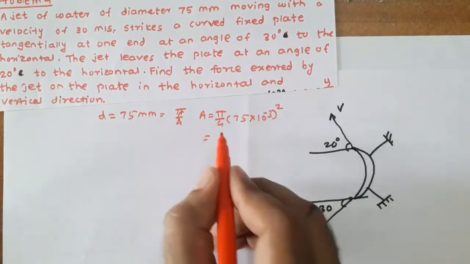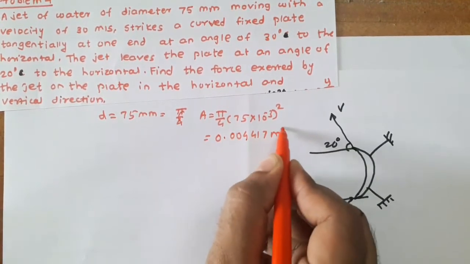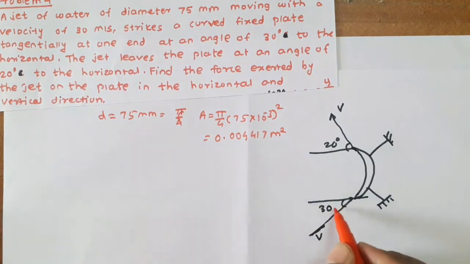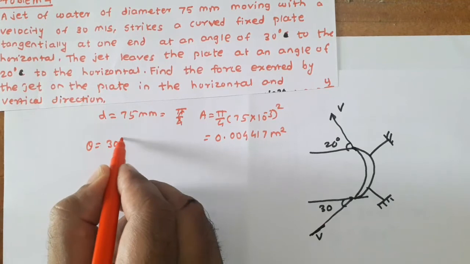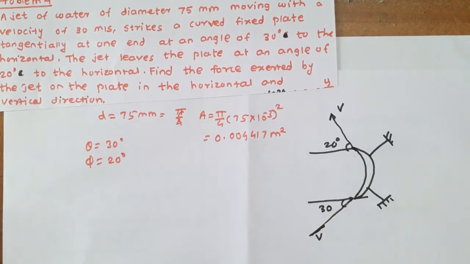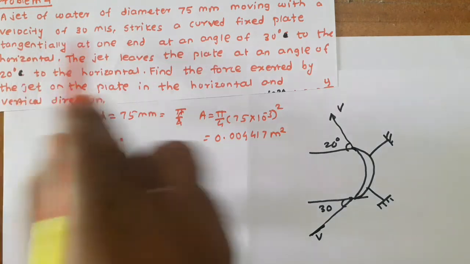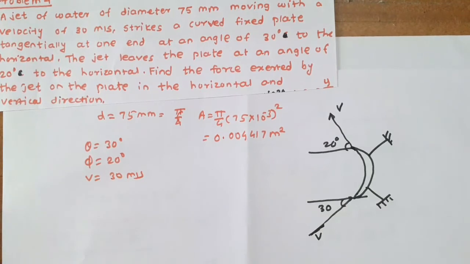So the area is 0.004417 meter square. Okay, so this 30 degrees is known as theta, and this is the phi angle, 20 degrees. And the velocity of the jet is 30 meter per second.